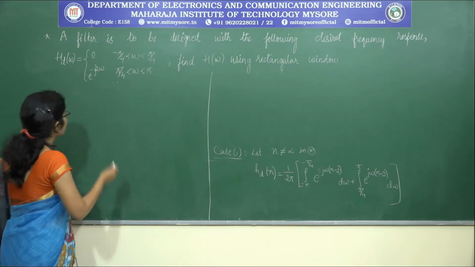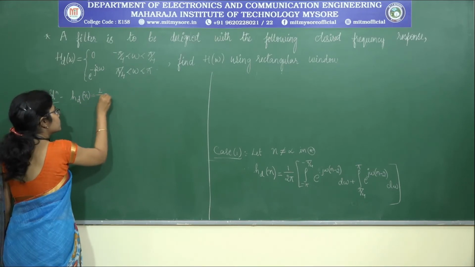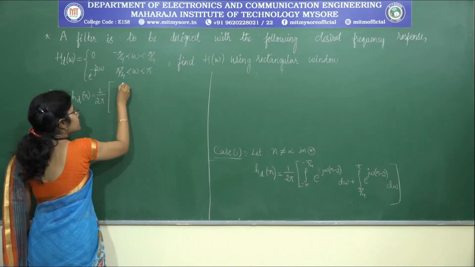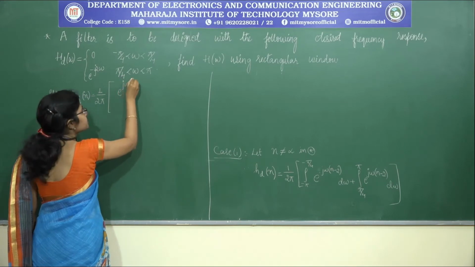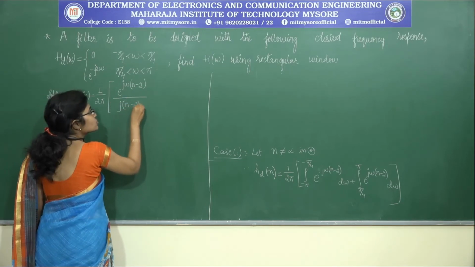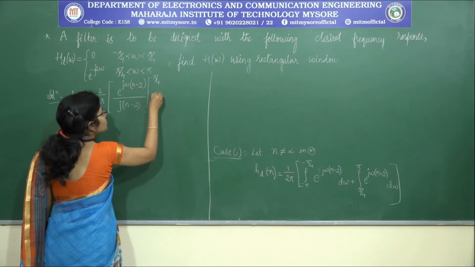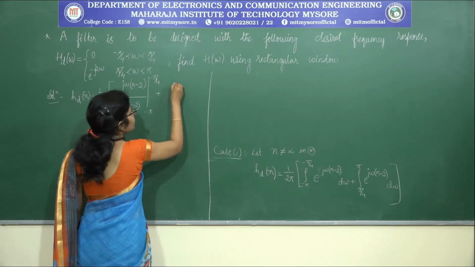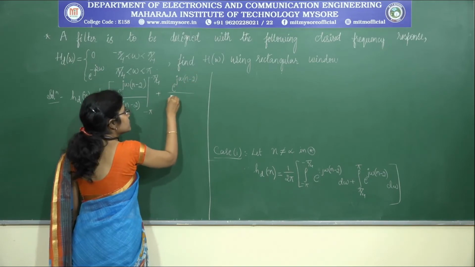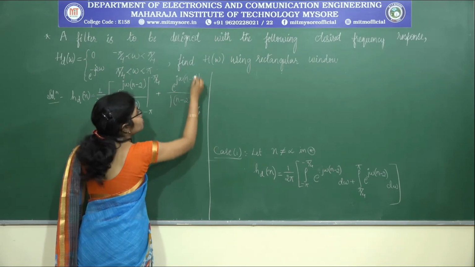So HD of n will be equal to 1 divided by 2 pi into, if I integrate, e power j omega into n minus 2 divided by j into n minus 2, under the limits minus pi to minus pi by 4, plus, if I integrate the second term, e power j omega into n minus 2 divided by j into n minus 2, under the limits pi by 4 to pi.